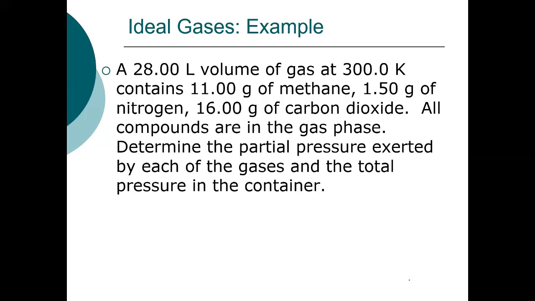In this case, you're told that you have 28 liters of a gas. So let's say we have some sort of a storage drum. And we have, let's say, some liquid at the bottom. But we measure the gas, and we find that we have some methane, we have nitrogen, and we have CO2.